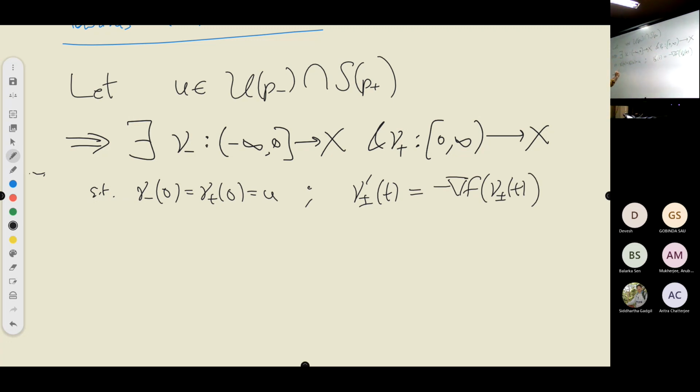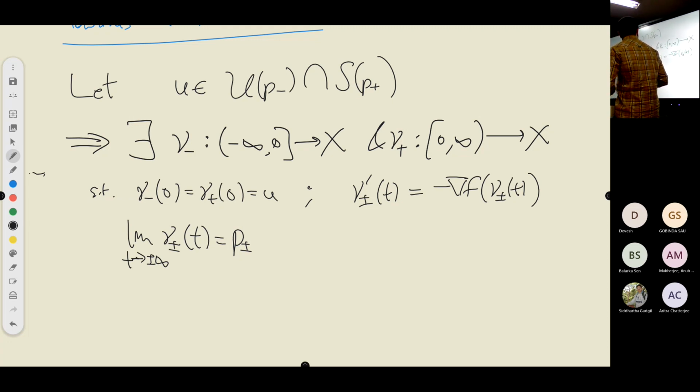And finally, we also have the right limiting values. Here p minus and p plus differ by one in index. You don't even need to assume that, but that is the context we'll be concerned with.